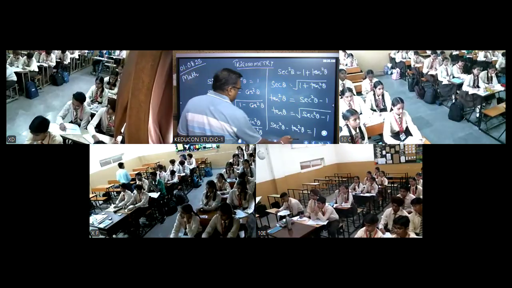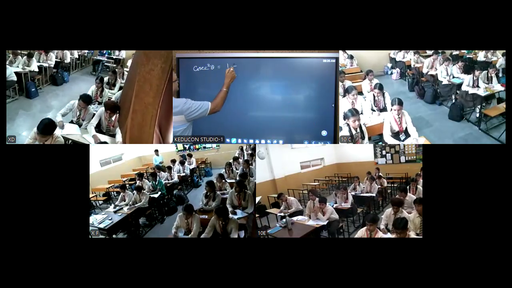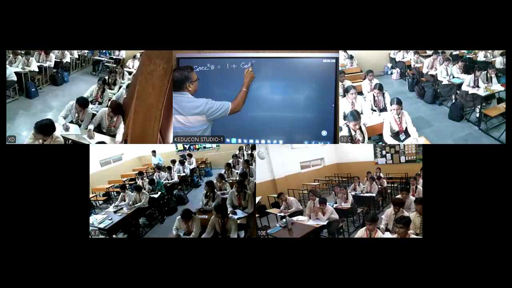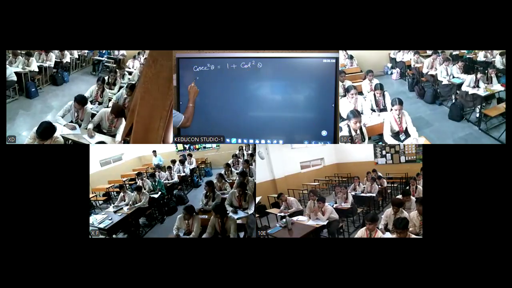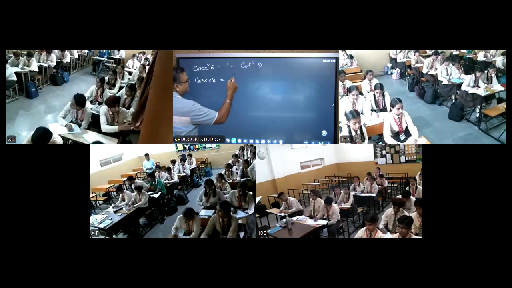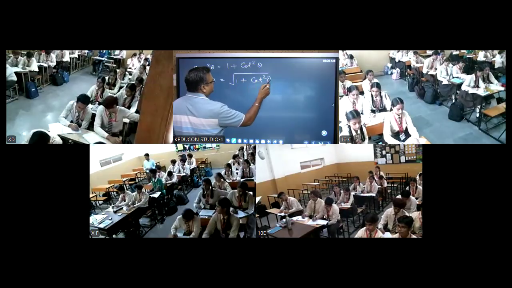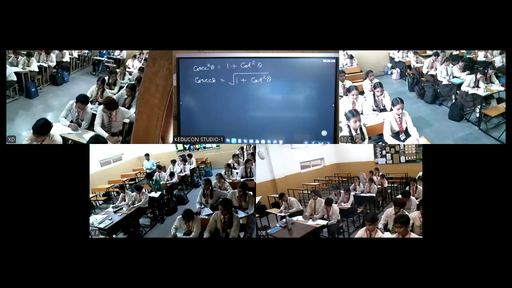Now we move on to the third identity, which is cosecant square theta is equal to 1 plus cot square theta. So here cosecant theta can be expressed as square root of 1 plus cot square theta, right?